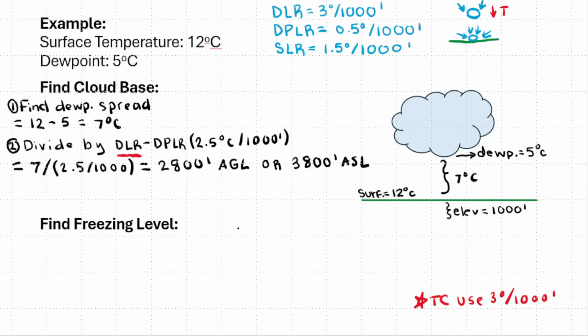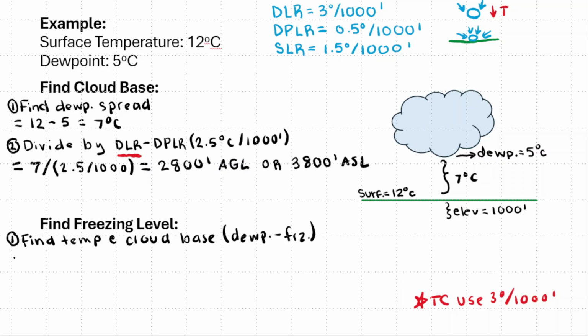Now, to find the freezing level, the first step is finding the temperature at the cloud base, which in other words is going to be our dew point temperature minus the freezing temperature, okay? But we know that the freezing temperature for water is always 0 degrees.